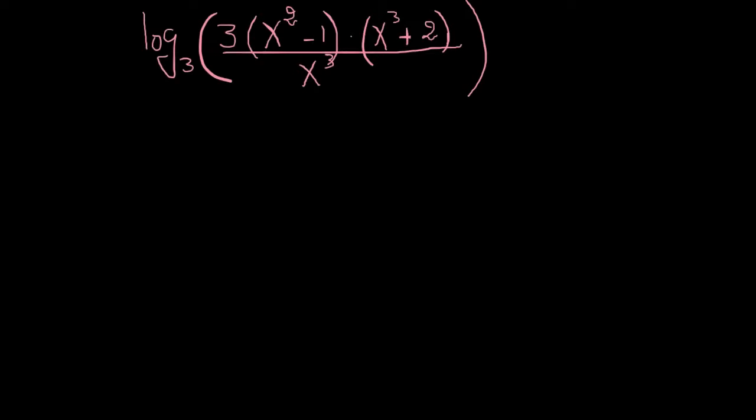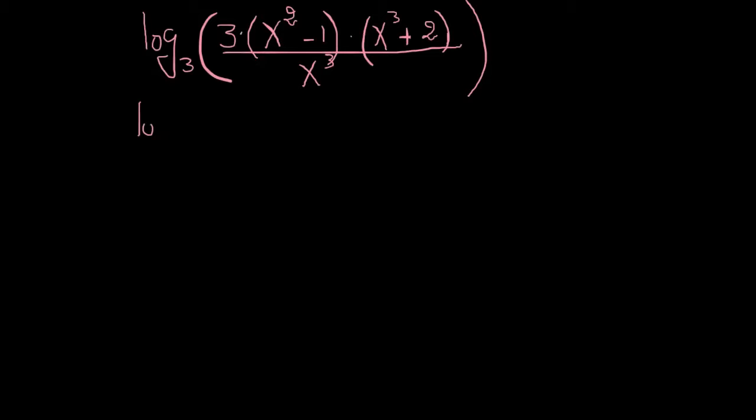So the first thing I need to do is to identify what I have inside the log. As you see, I do have a product of 3 with the quantity x squared minus 1 with the quantity x cubed plus 2, and then I have a quotient of that with the x cubed on the bottom. So I will use the log properties as follows. For the top, it will be just the addition of each term.